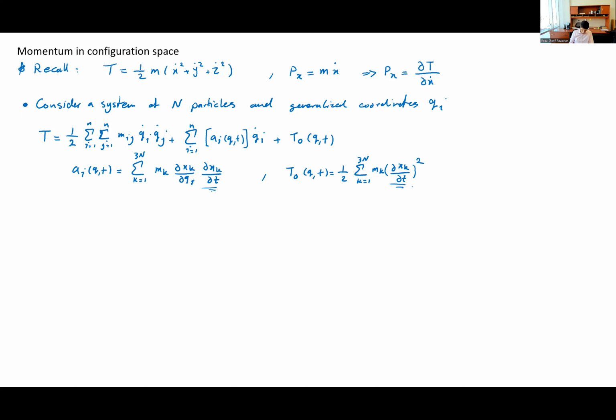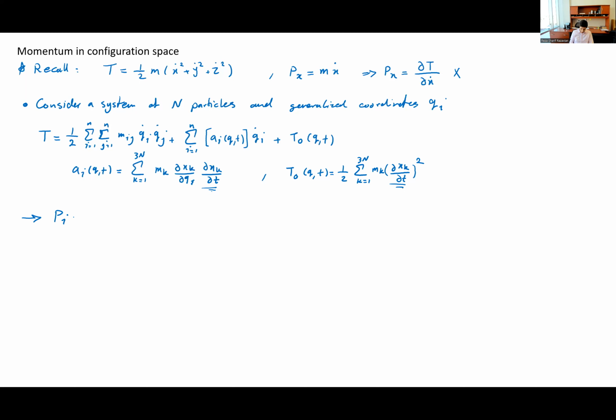So remember, from this kind of definition, we can write the momentum in the direction i, or the momentum that is associated with the generalized coordinate i, as partial T partial q dot i.